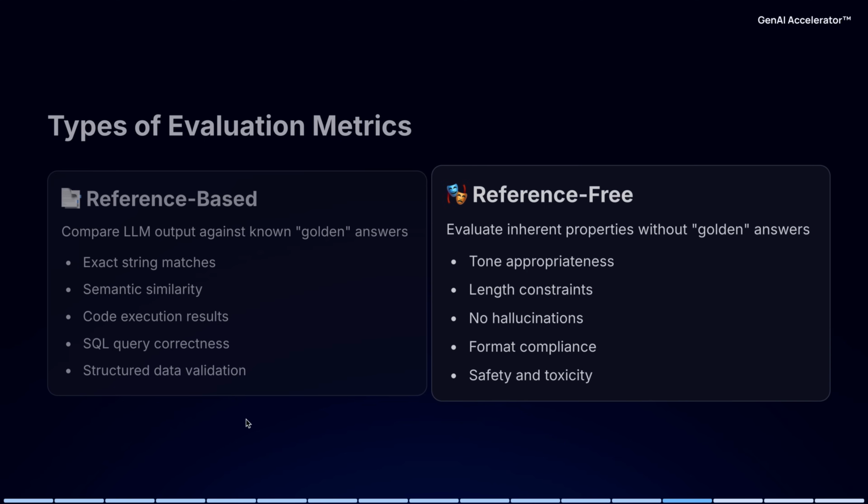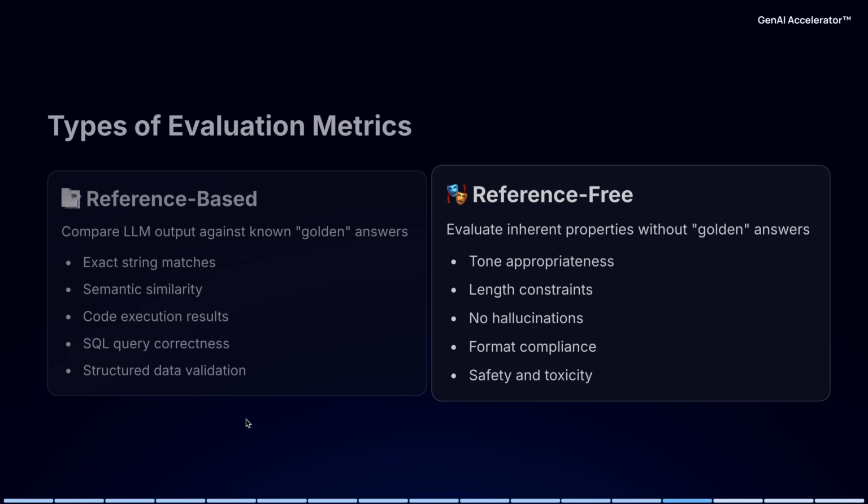But often in the real world, you'll be working with a lot of reference-free metrics, where you don't entirely know what the correct output should be, or there can be multiple outputs that are correct. For example, answering a customer care query, there are probably infinite ways to give an answer to a particular question, which could all be good.